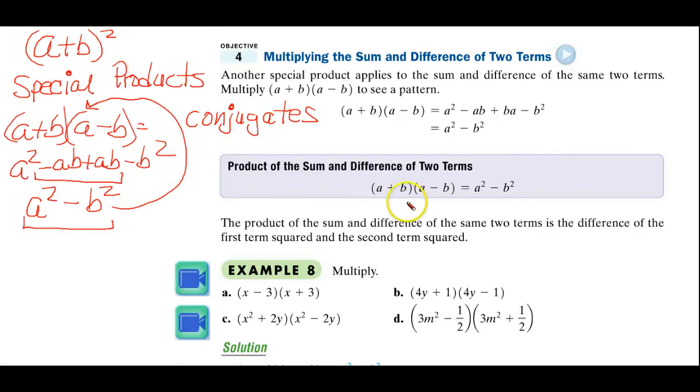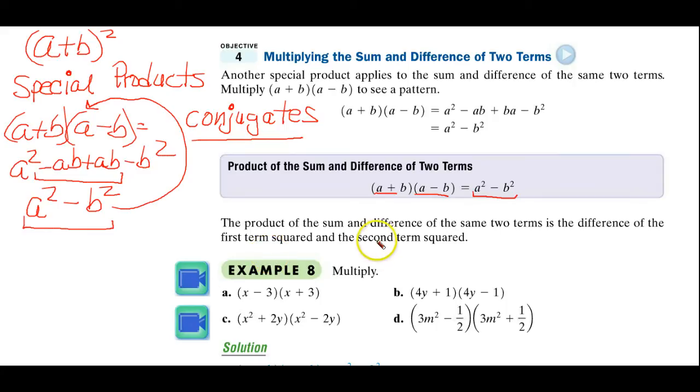So if you recognize what you're dealing with, a way to describe it is the product of the sum and difference of two terms. They don't introduce this word yet, but it'll be coming. They're called conjugates. When we multiply conjugates, the middle terms cancel out, and you get the difference of perfect squares.